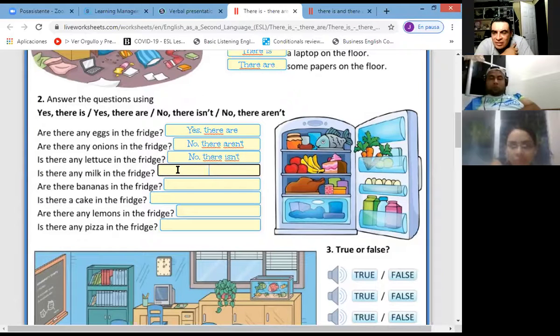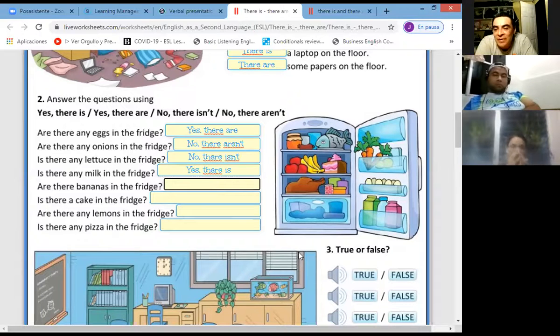Okay, Edgar, is there any milk in the fridge? Yes, there is, please. Perdón. Sorry. Yes, there is. Okay. Giovanni, are there bananas in the fridge?